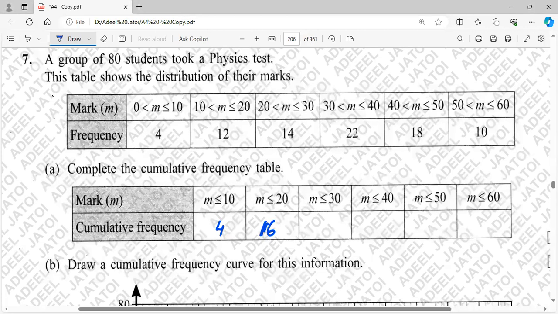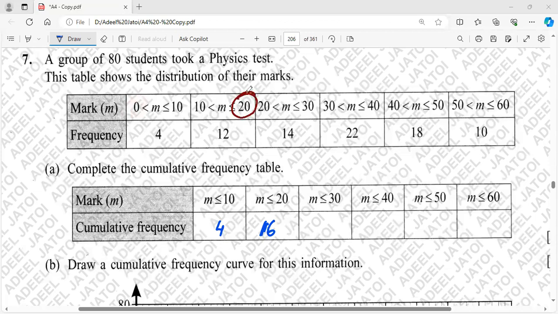Considering this again, let's work on the concept. In the first class width, we had a frequency of 4. This 4 is the initial frequency, which is ending at 10. So this 4 will be the cumulative frequency for the first value, that is 10. Because at 0, the cumulative frequency will be 0 as well.